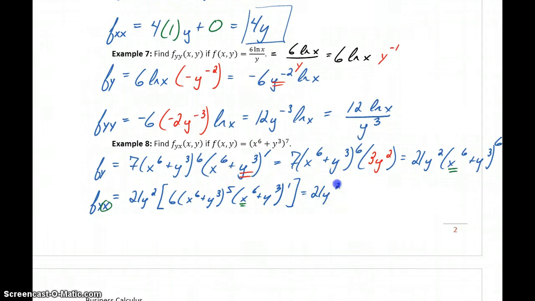So this will become 21y squared times 6 times x to the sixth plus y cubed to the fifth.